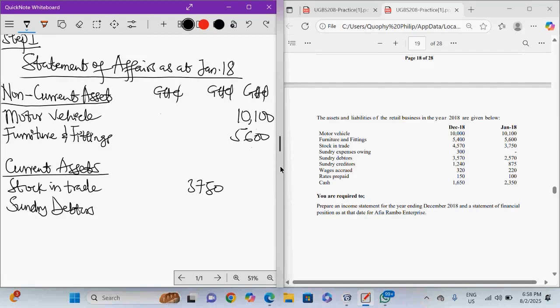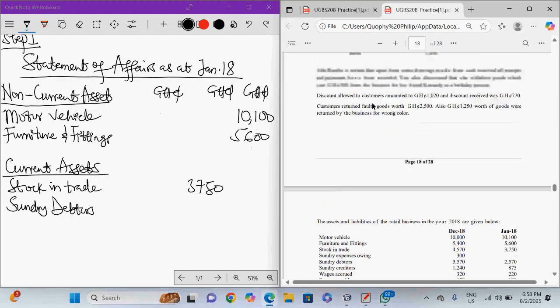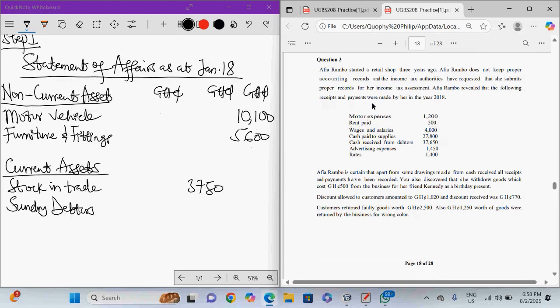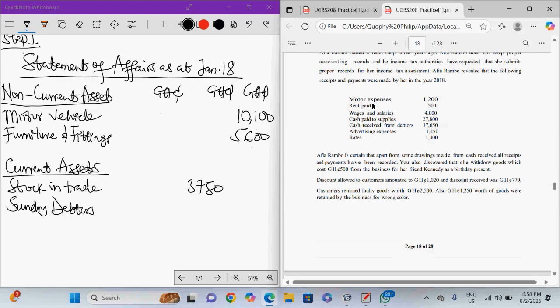The initial question said that some drawings were made from cash received, all the others were recorded.